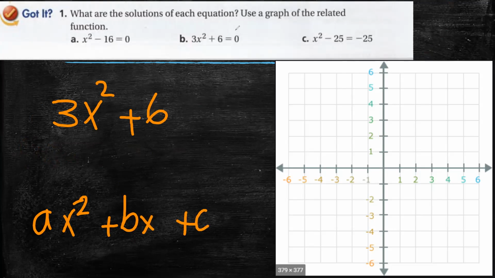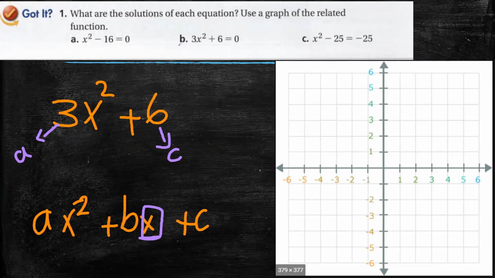So if there's a number that is multiplied with x, this will be b. But this 6 is not multiplied by any number, so this will be c, and this will be a. Because b is the number that's multiplied by x.